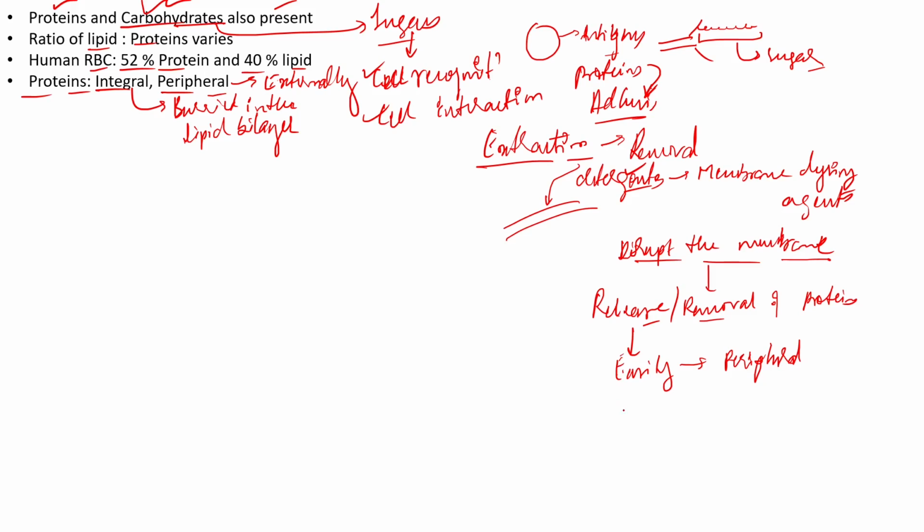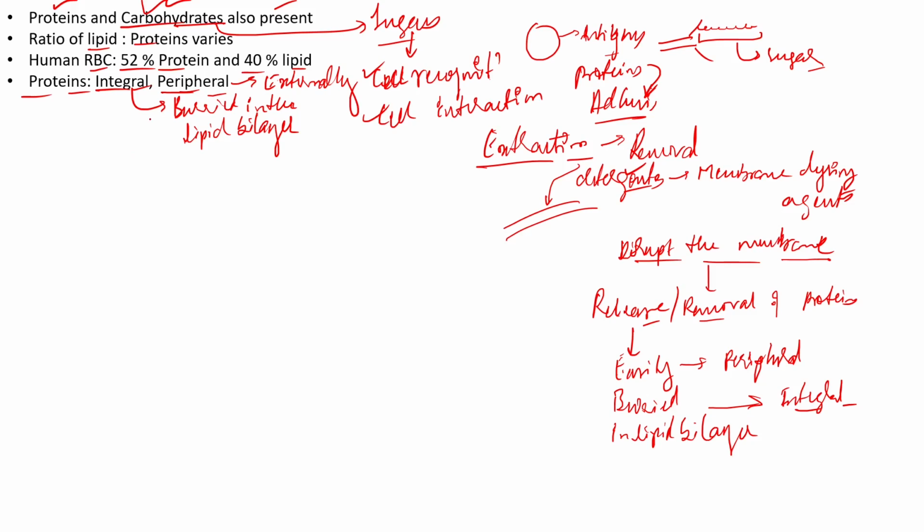If they are buried in the lipid bilayer, then we use the term integral, or we can say that it is very difficult to remove, then we use the term integral. So this is how we do the classification for the integral and peripheral proteins.